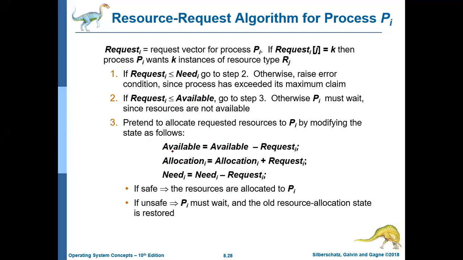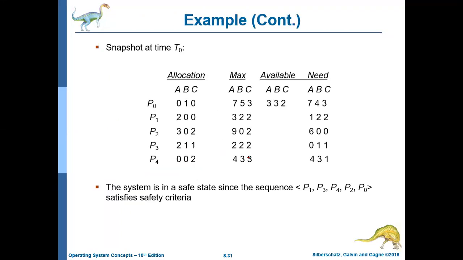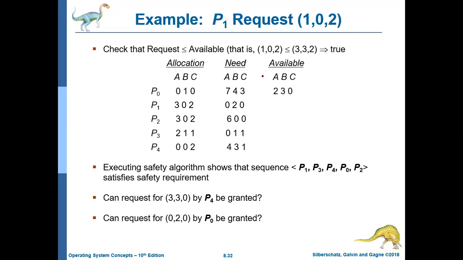So now here we are pretending that we are giving these resources to P1 process. Then what are the changes? Available will be available minus request. Allocation will be allocation plus request. Need will be need minus request. These three will be changed. Now you need to check whether this situation is a safe state or not.